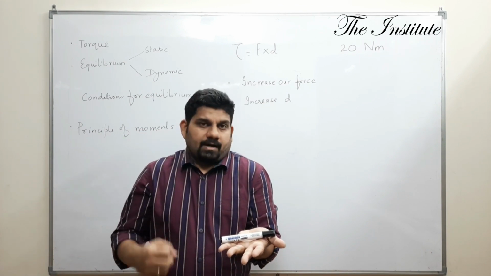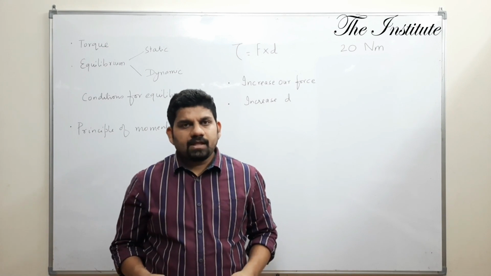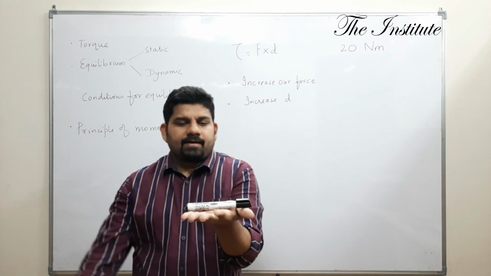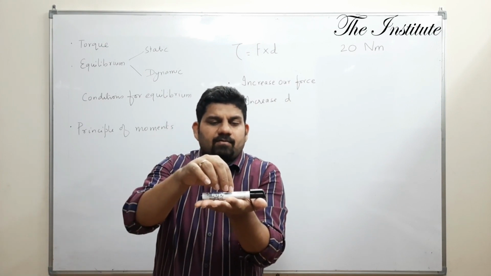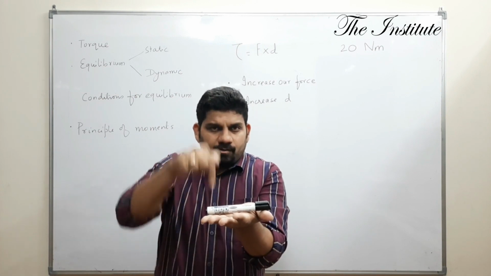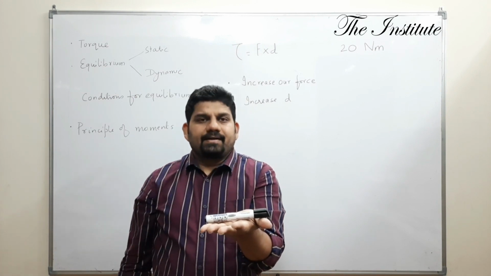Another example. This object is kept on a table. So if we analyze, one force is the weight of this object, which is acting vertically downwards.